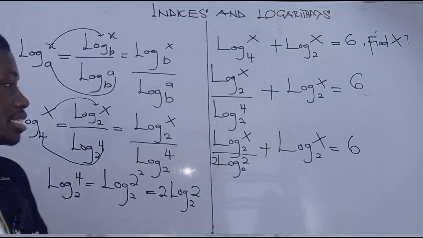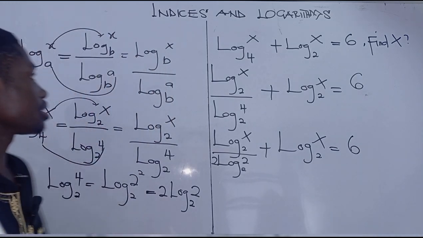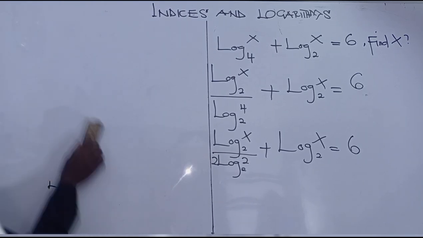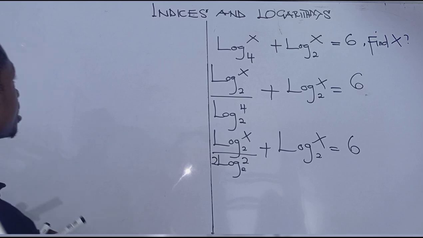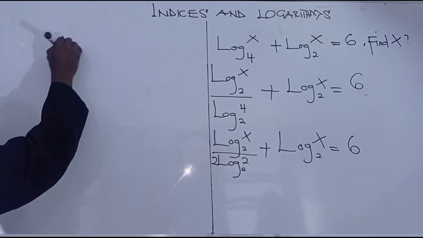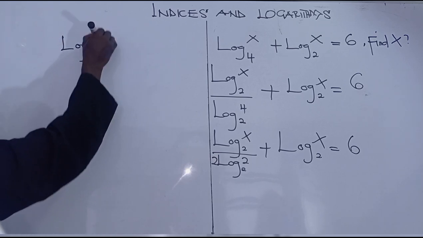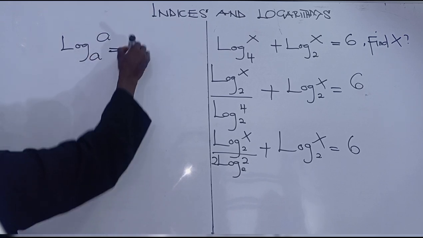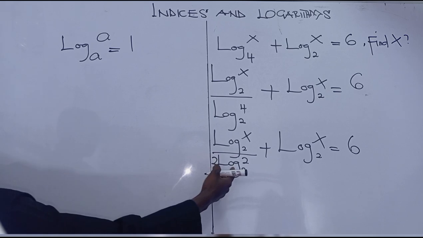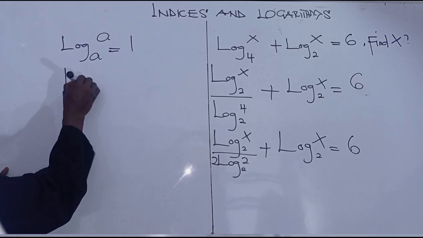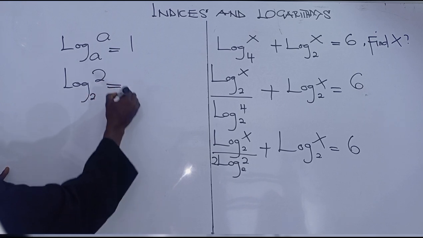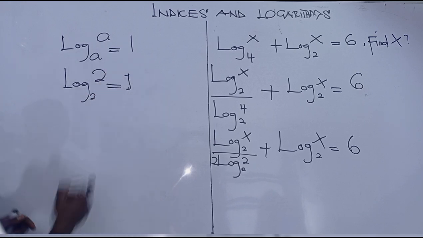Now we have a property in logarithms which says that when you have the logarithm of a number to the base of the same number, this gives us 1. If that's the case, when we have the logarithm of 2 to the base of 2, this will be equal to 1.